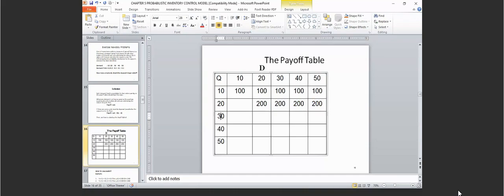Contohnya di sini 30. Jadi kita tengok demand kat mana yang 30. Demand kat sini adalah 30 kan. Jadi 30 darab dengan RM10 profit, kita akan dapat 300 kan. Jadi kita akan copy kat sini. Masukkan sini 300.